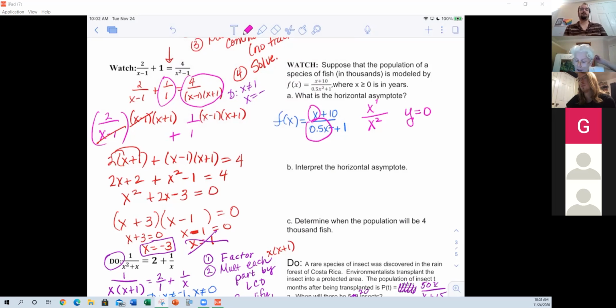Okay, so what does that mean? It means it'll never cross or touch 0. Right, but it's going to get really close to it, right? So as time goes by, what happens to the fish population?